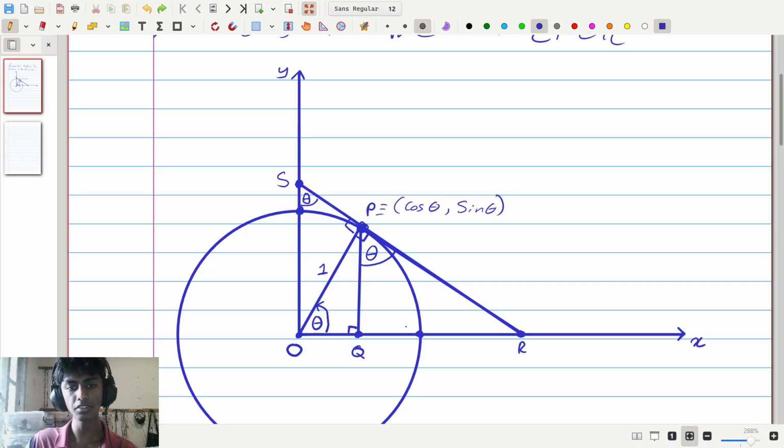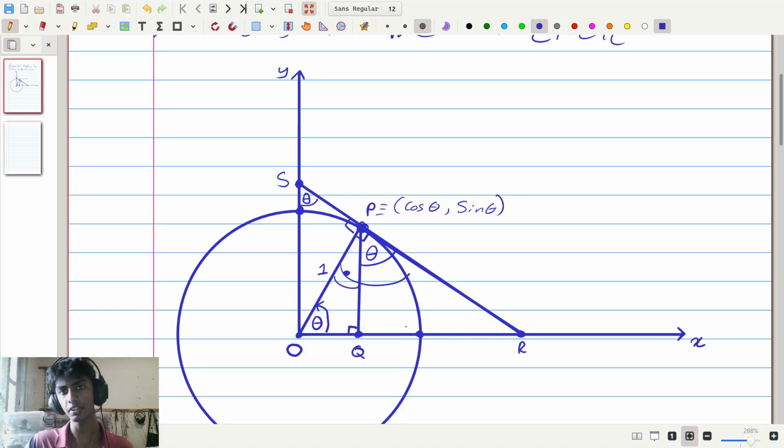I've also labeled some other angles which are also equivalent to theta. This angle is equal to theta, which you can find by comparing the triangles OPQ, ORP and PQR. Using these 3 triangles we can be clear. This is 90 degrees minus theta.